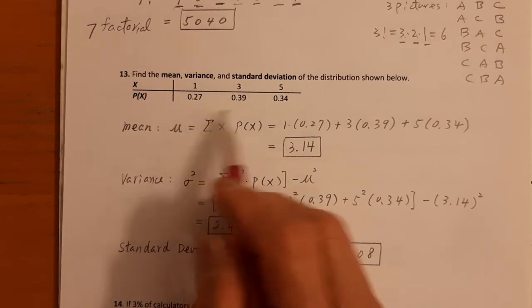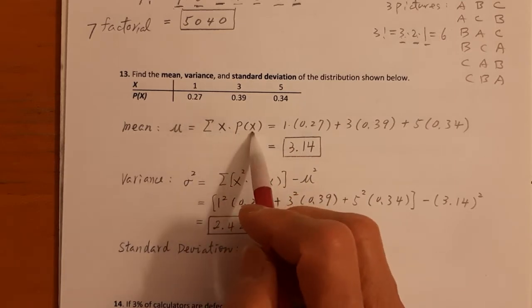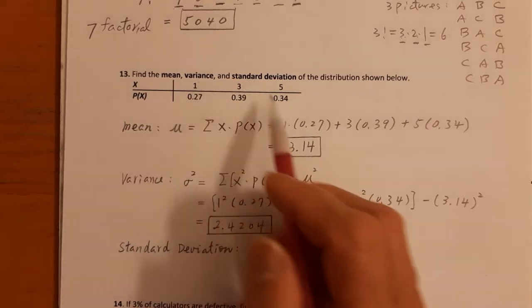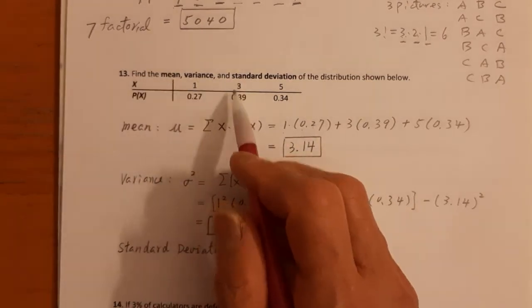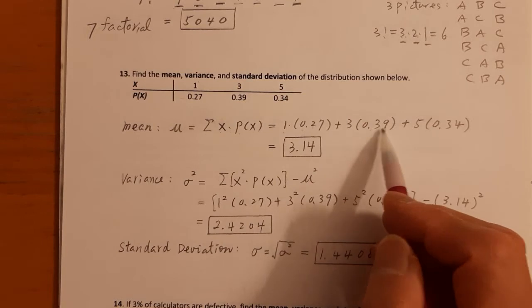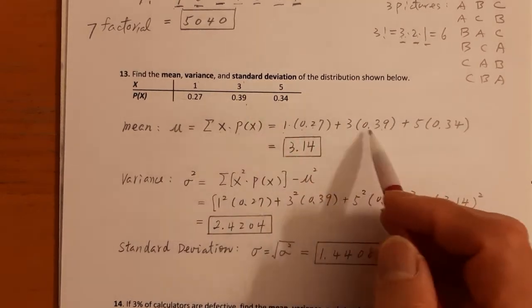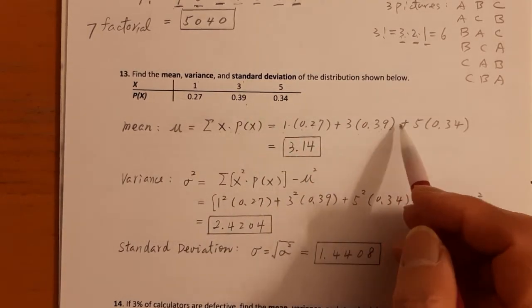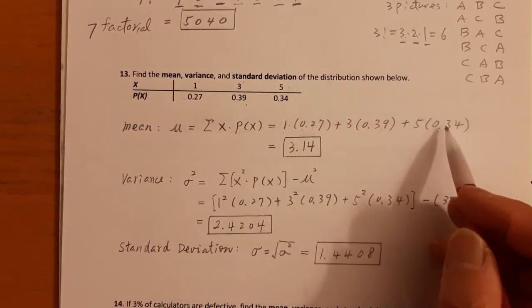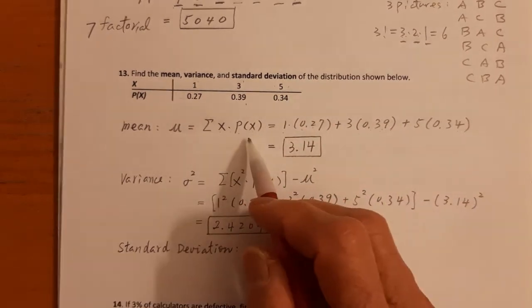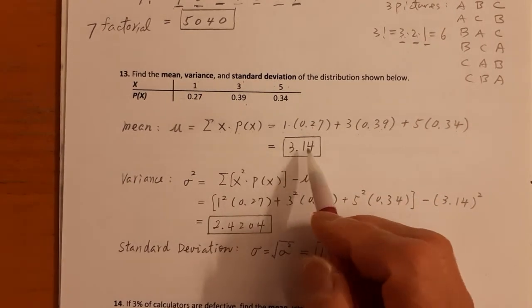The mean is the summation of x times p of x. X is 1 and the probability is 0.27. If x equals 3, the probability is 0.39. So you multiply 3 times 0.39, plus x is 5 times the probability 0.34. Then add together, the mean is 3.14.